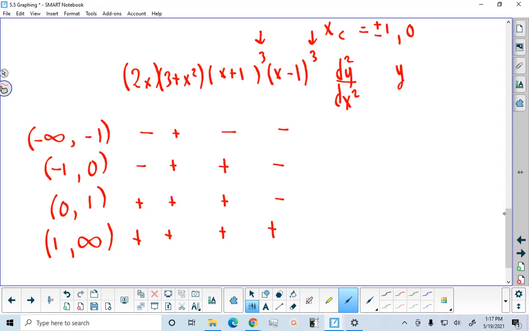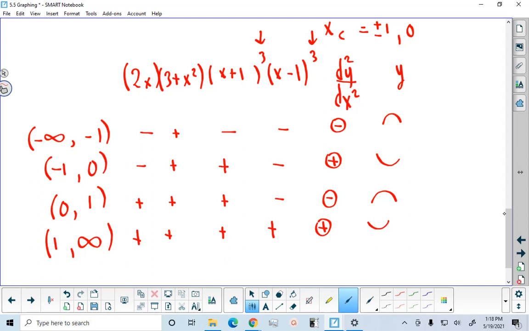This tells us 3 negatives is negative, then it's positive, then it's negative, then it's positive, which means the function is concave down, concave up, concave down, concave up. There's a lot of work that we did here, and the result is going to be a fairly blah graph.